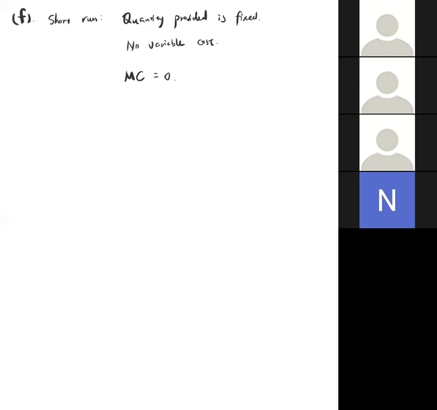And for part G, what is the total short-run economic profit at the market clearing price? So to calculate the economic profit, we know that economic profit should equal revenue minus cost, or let's say revenue minus economic cost.